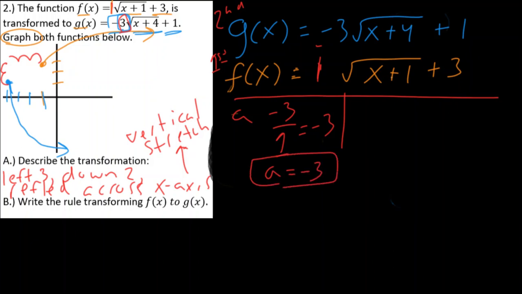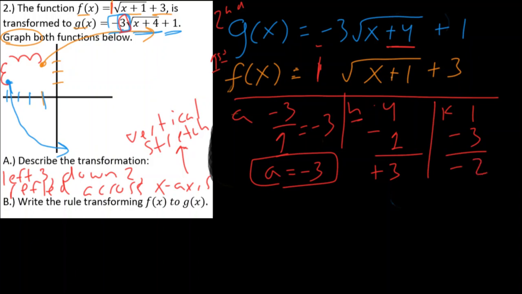Now for here, we go ahead and take what's inside of our h value. We have this 4 minus this positive 1, and of course we get a positive 3. Okay, remember that's inside the h value, but it's not actually h, which is the confusing part. And here we have our k value, and we see that we have a 1 minus 3, which is negative 2. Now this one actually is your k value.